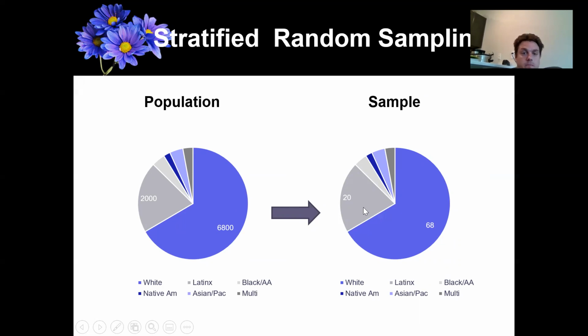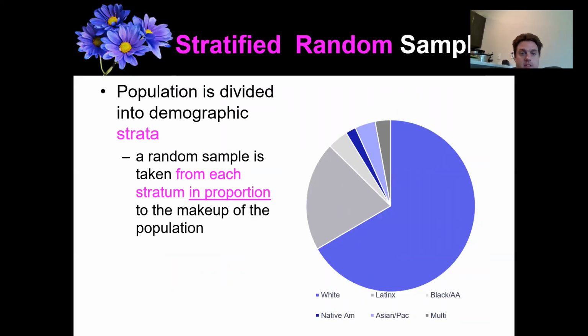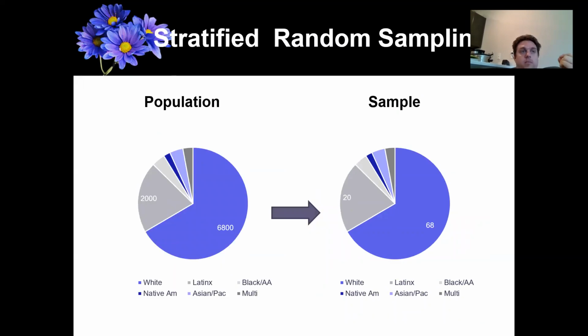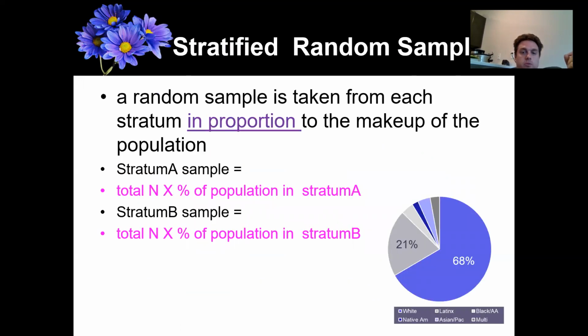Okay. And I'm going to be randomly picking people from that strata, from that demographic, until I hit the numbers that I want. Here's what that looks like a little more practically. So let's say, again, it's in proportion to the makeup of the population. So the total number of white people in my sample should be reflective of the percent of white people in the population.